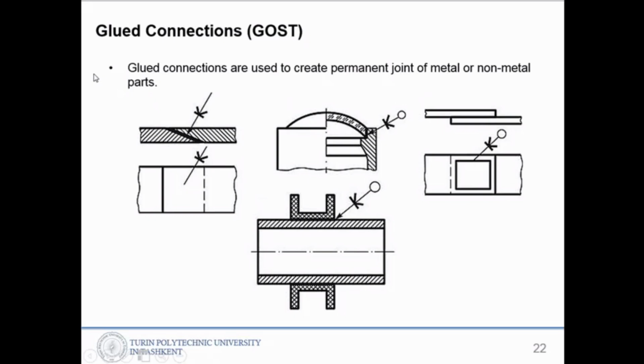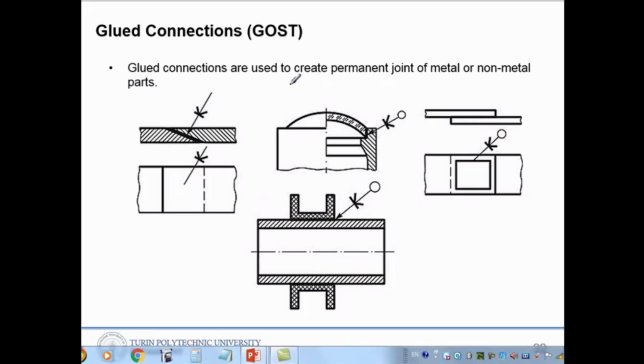Okay, so another type of connection is glued connections. We are using this kind of representation style. Glued connections are used to create permanent joints also of metal or non-metal parts.